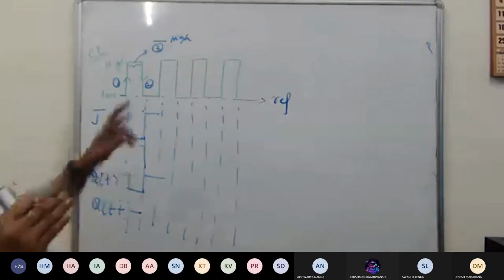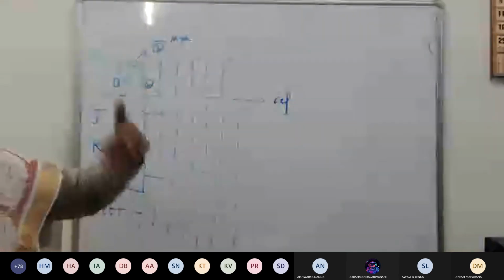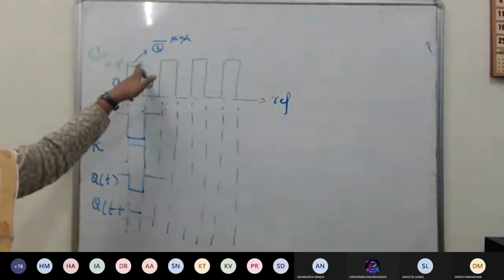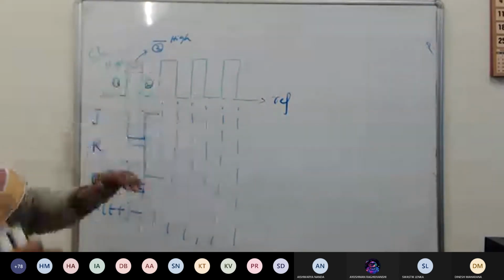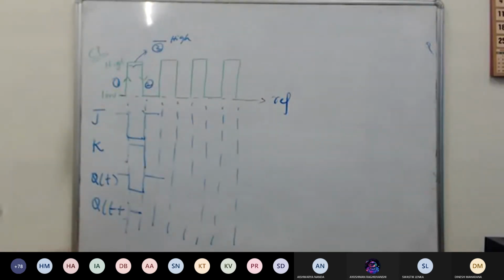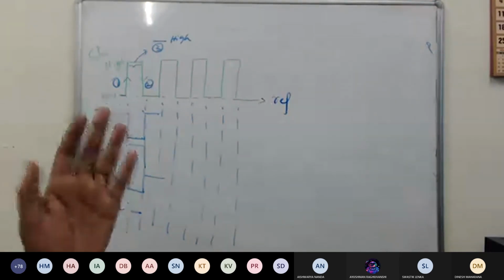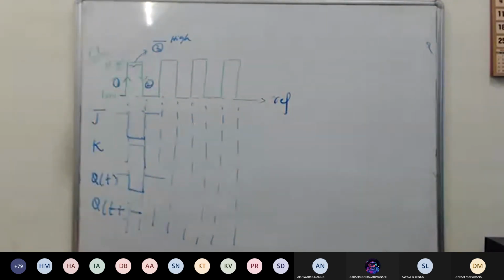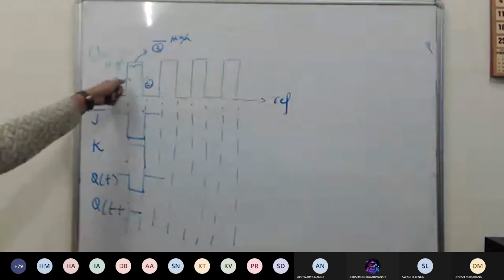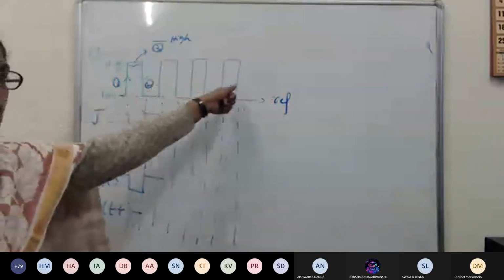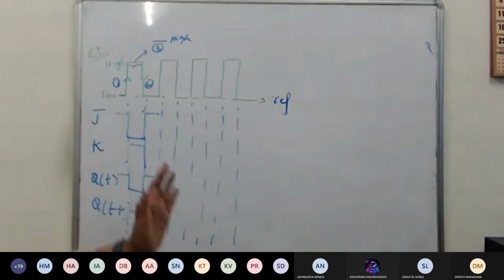Flat-level circuits deliver the output during the flat time duration, whereas edge-level circuits deliver at the edges only. Whenever a change is there, at that moment only the circuit reacts. Otherwise it retains the previous state.